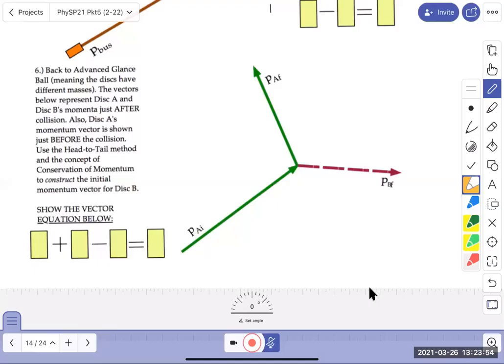Now this problem we're going to work is advanced glance ball, and we'll do that in AP physics. In advanced glance ball, you put a disc weight on one of them, so it makes it double the weight of the other. That makes it even harder. It's like if you play pool, your cue ball weighs the same as the other balls. It's magnetic.